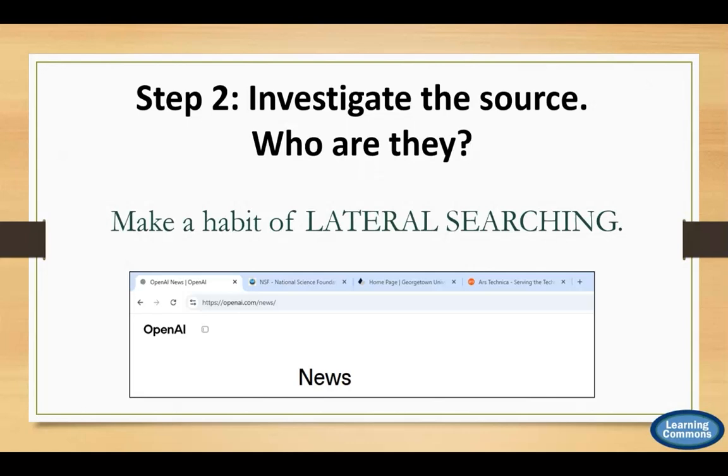All we mean by lateral searching is opening new tabs and working laterally across the screen to consult with trusted sites to verify the original info that caught our eye in the first place. In this example, if OpenAI happened to make some sort of wild claim, opening tabs for the NSF, Georgetown U, and Ars Technica would help us validate or dismiss that original claim.